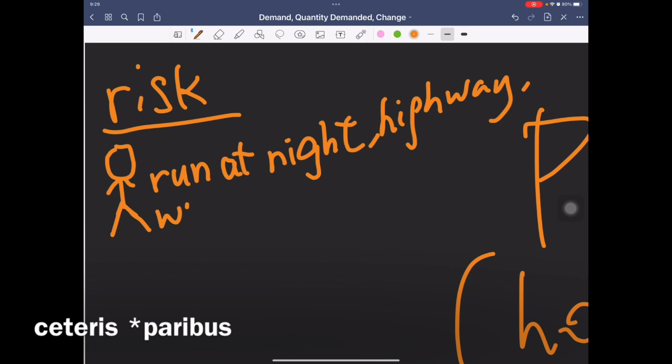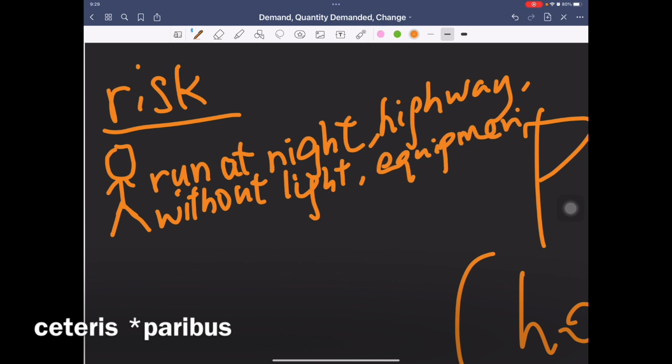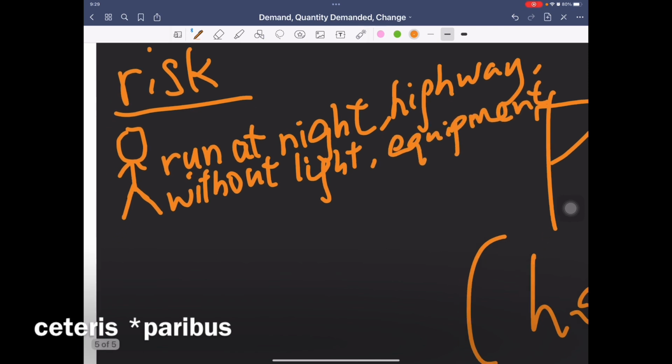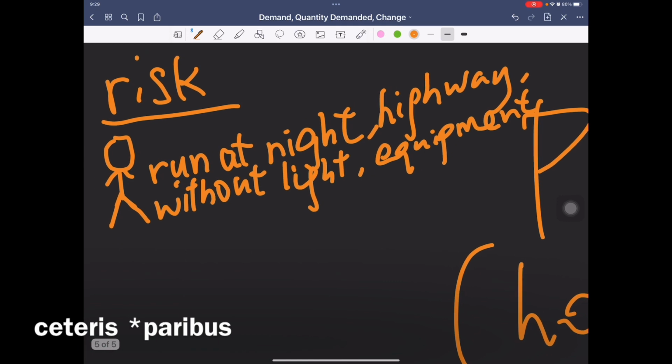Let's say without any light, without any equipment. Very bad. Don't behave like this. So in this scenario, very risky, very risky.